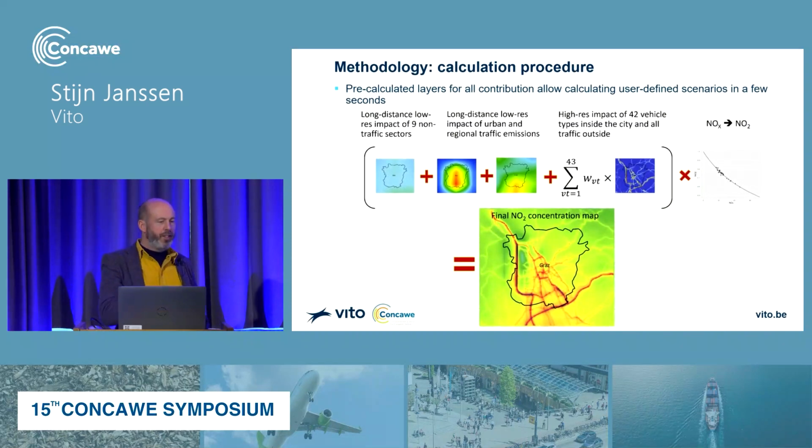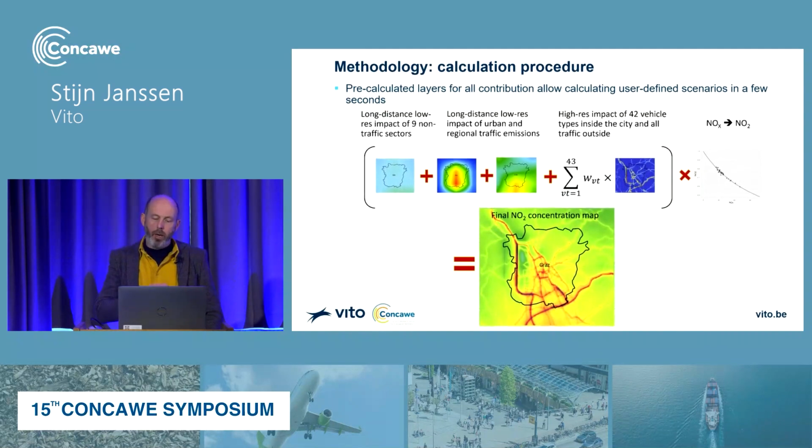Then I will not go into details here, but of course you have to combine these different bits and pieces. So we have the long-range transport for the 9 non-traffic sectors for each of the cities. For the traffic part, we have the contribution from inside and outside the city. And then the local traffic is further detailed down to 42 different vehicle types, accounting for different fuel types, different engine categories.